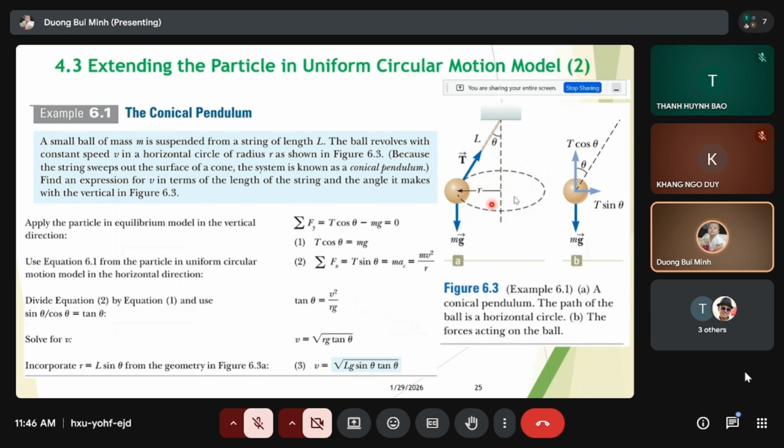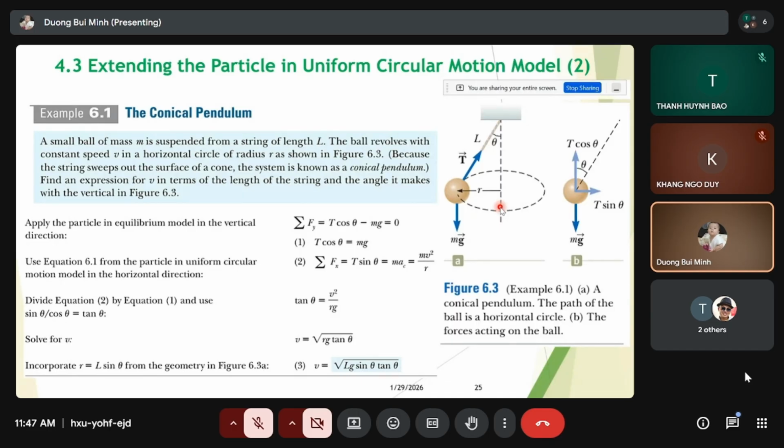That means we consider circular motion. If we have no air friction, no air resistance, you get uniform circular motion. Do you get my point?